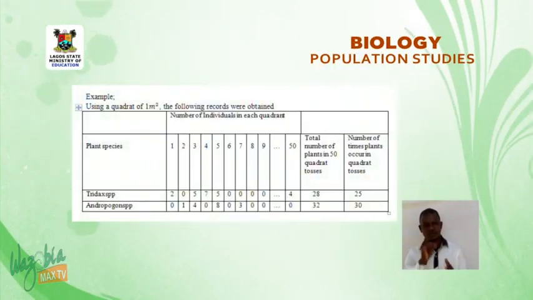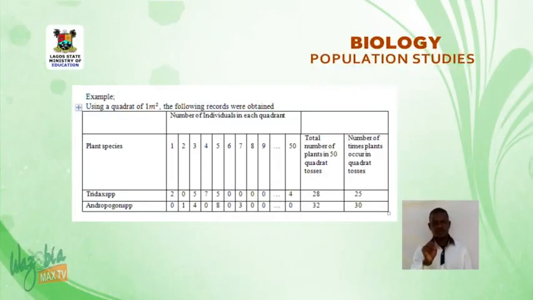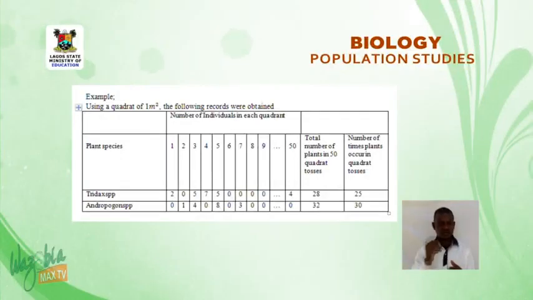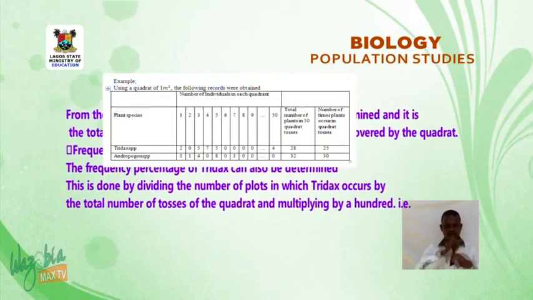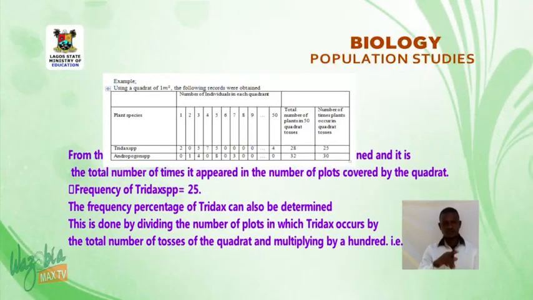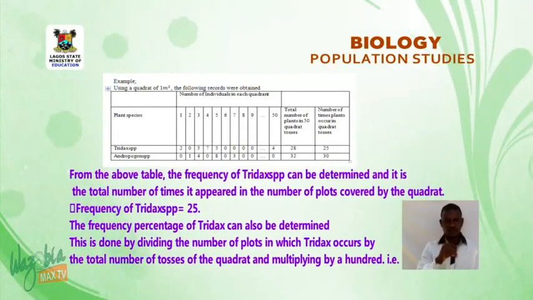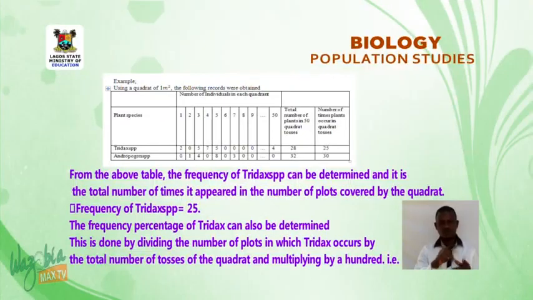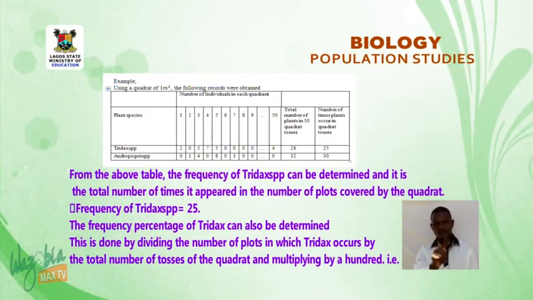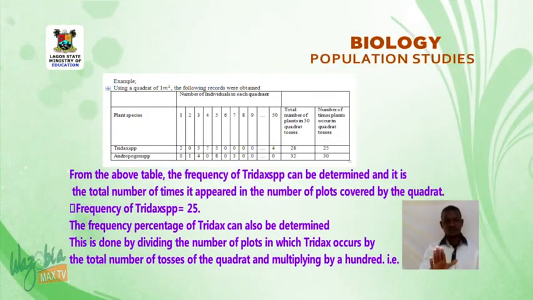Example: using a quadrat of 1 meter squared, the following records were obtained. From the above table, the frequency of Tridax species can be determined, and it is the total number of times it appeared in the number of plots covered by the quadrat. Therefore, frequency of Tridax equals 25.